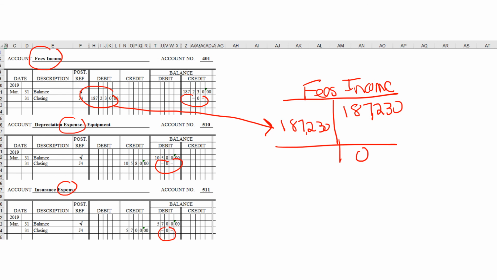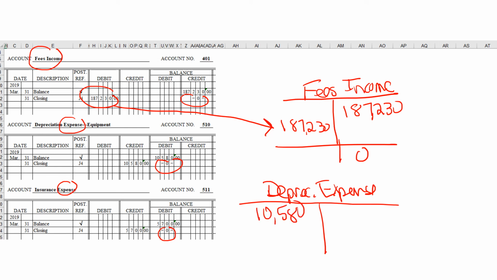Same thing with your expenses. I'll just do this first one. So if you had depreciation expense, here's our T account. So if you had $10,580 as your balance, that's what they're showing right there. I'm going to circle this one. That's the closing part of it, the $10,580. Notice you would get a zero balance just like they're showing.